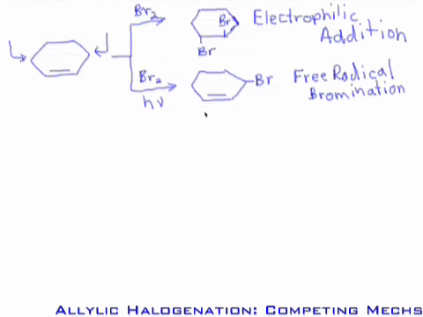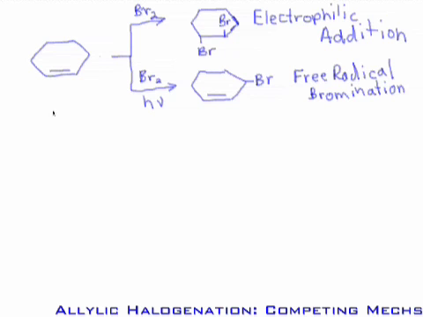Okay, now, the problem is we have two reaction mechanisms competing with each other. Suppose we want free radical bromination. We want to brominate the allylic position. We don't want to add bromine across the double bond. Think about the difference in the reaction mechanisms.